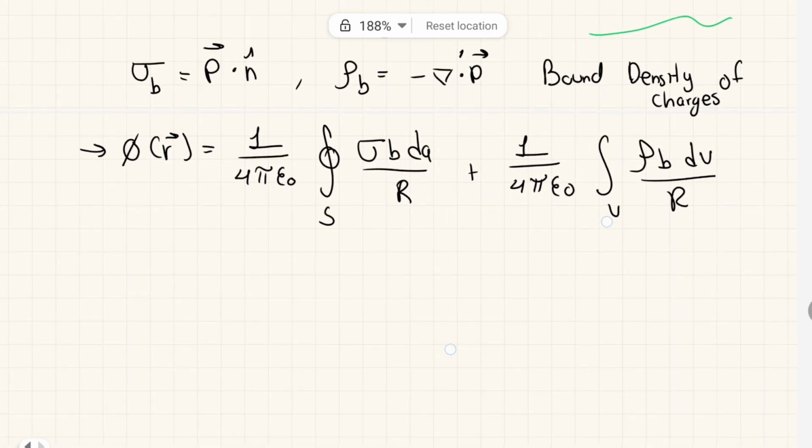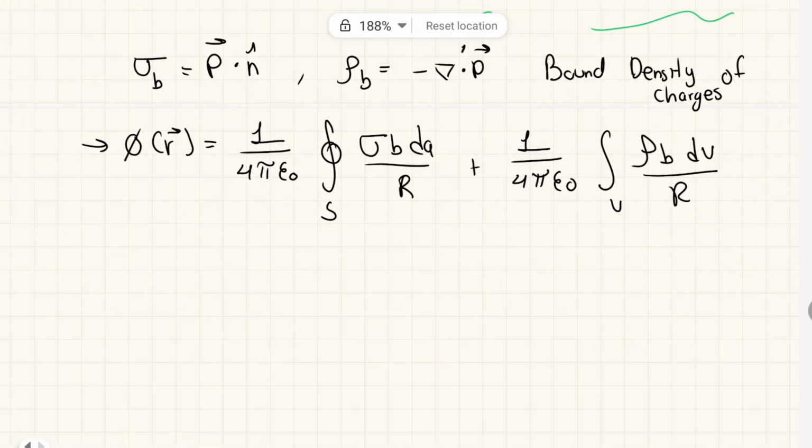Perfect. So this will be the electric potential at a certain point P located by the vector r. Okay, this will be the electric potential due to a dielectric that is polarized due to, well, any reason. In general it is occasioned by some external electric fields, like in the example that we gave at the beginning of the video.